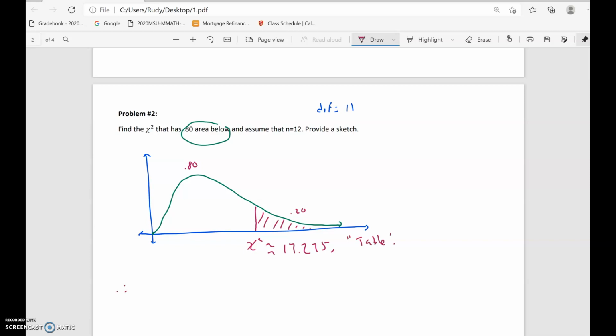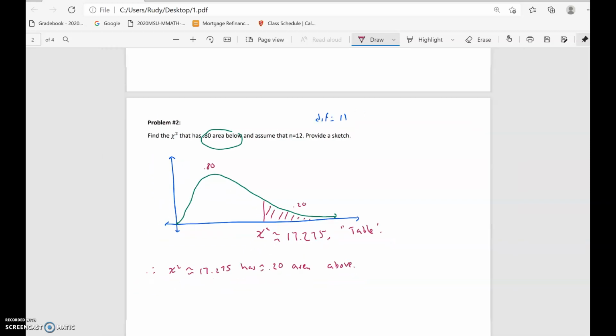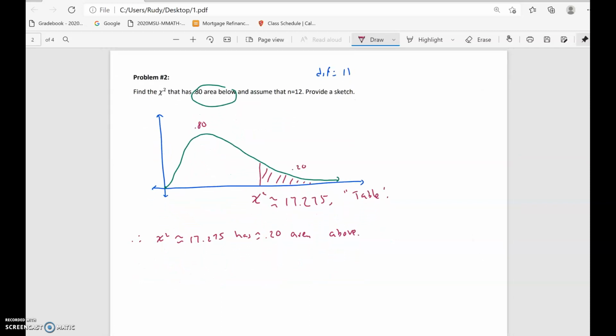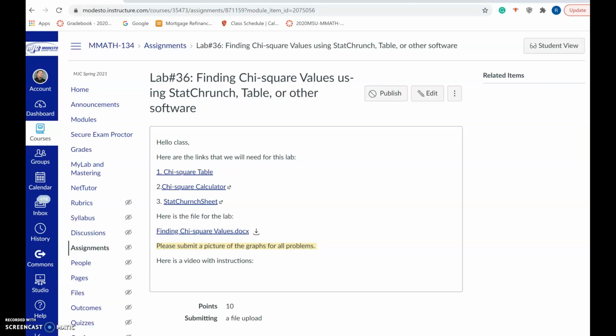And then let me write it out as the chi-square value of approximately 17.275 has approximately 0.20 area above. Now, if it doesn't say how to find it, that's actually fine. For the problems on the exam, you would be using the table since our calculators don't have the software. Let's actually run it and compare it.